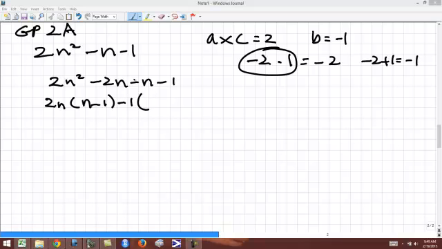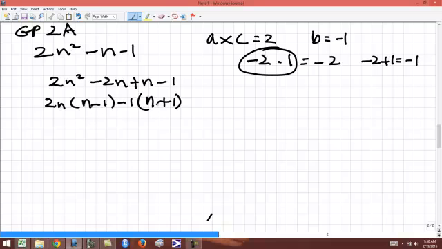This is plus n. This is negative 2n plus n. So I'm going to factor a negative 1 out of these two terms here. So I'm going to divide n by negative 1, and that's going to give me a positive n. And negative 1 divided by negative 1 is positive 1.